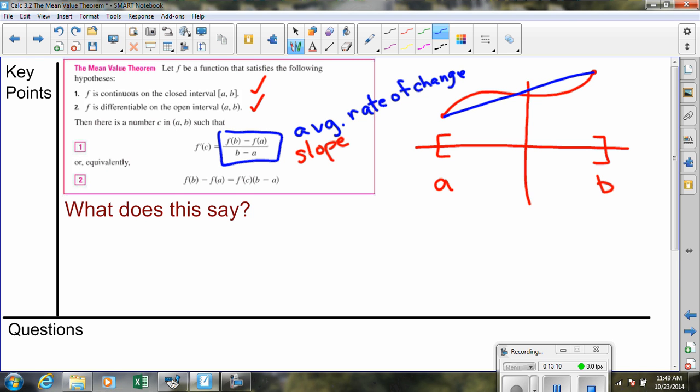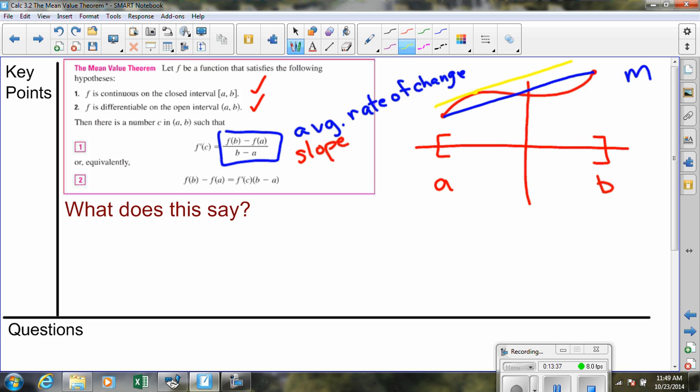We could very easily, with numbers, look at this piece and get a number m. What this theorem tells us is that somewhere there is a point c with the exact same slope, so that the derivative at that point will be parallel, or the lines will be parallel.